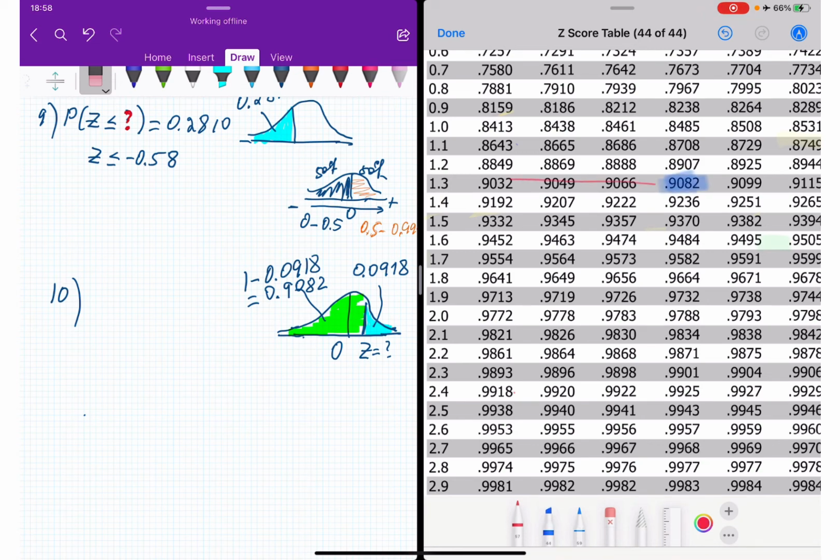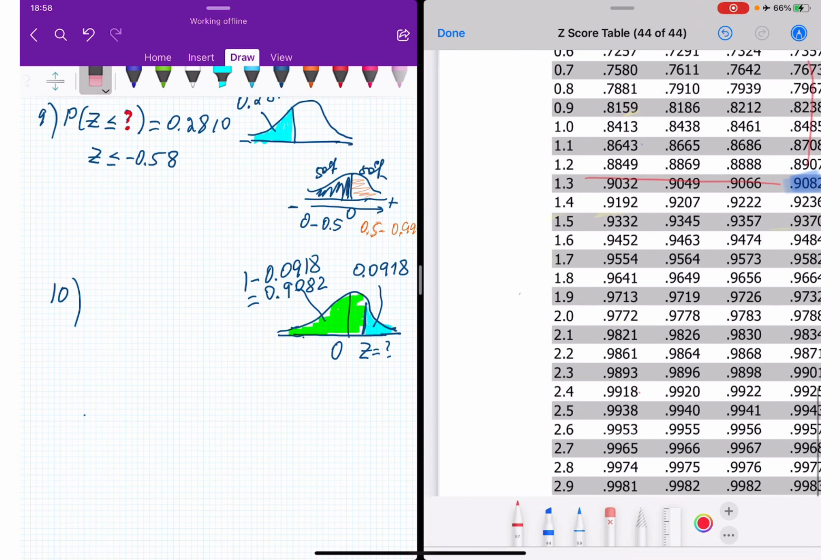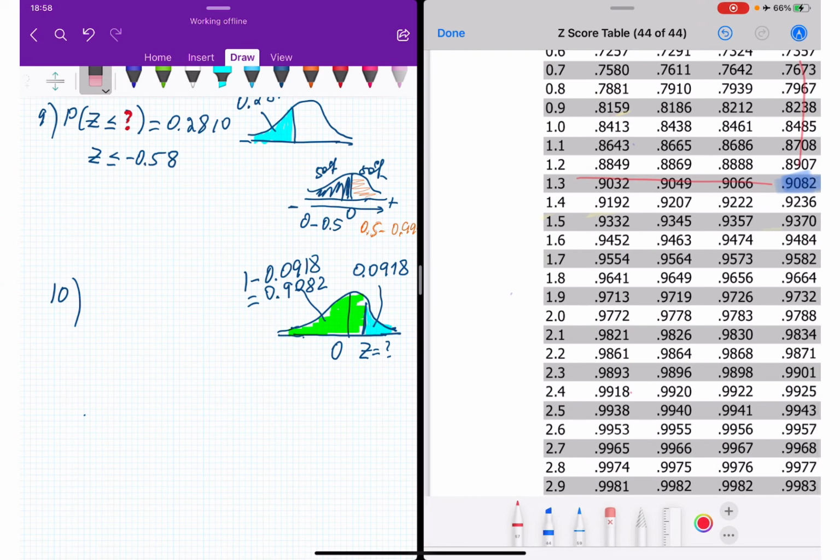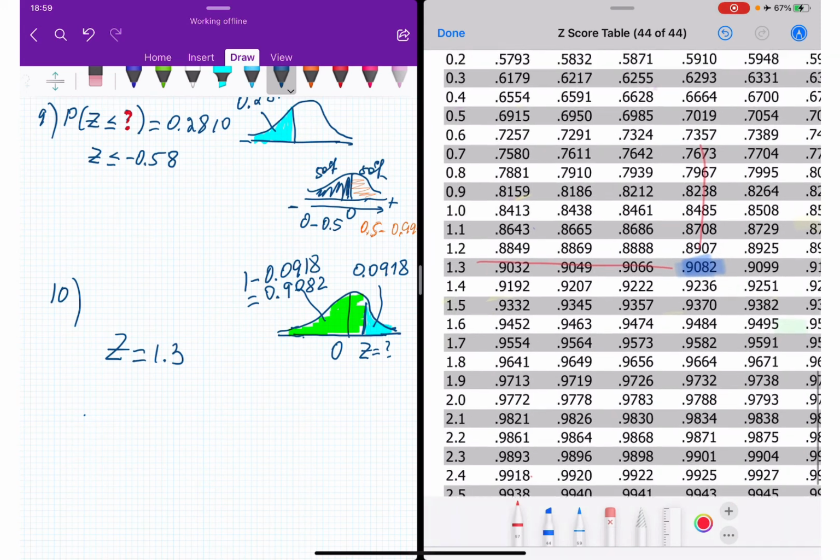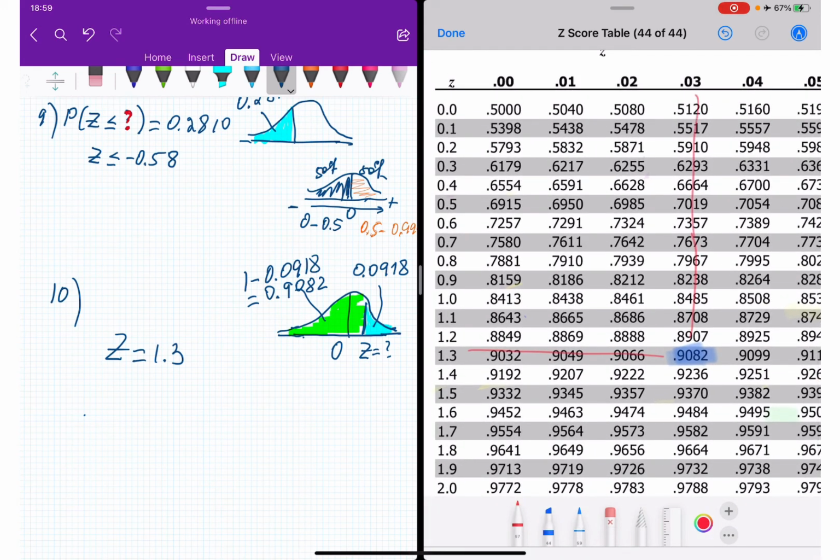So it's coming where? 1.3. So this score is going to be equal to 1.3, and it's going up to 3. Okay.